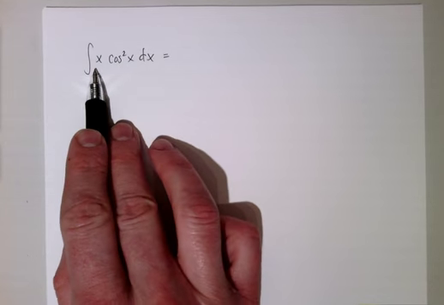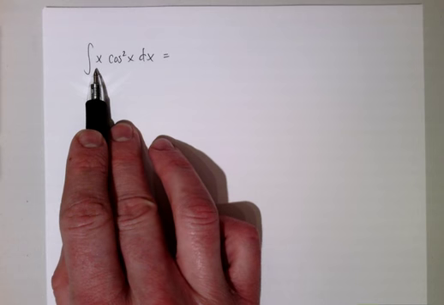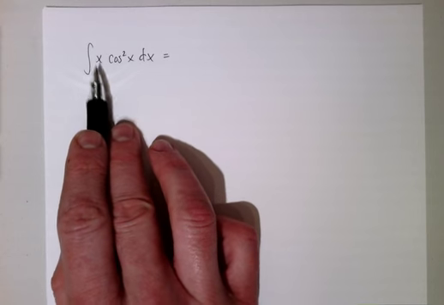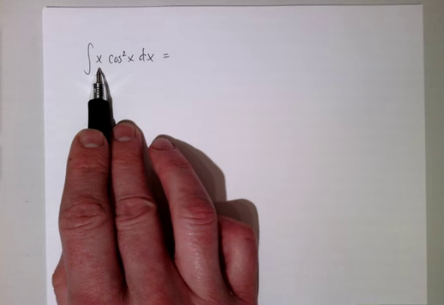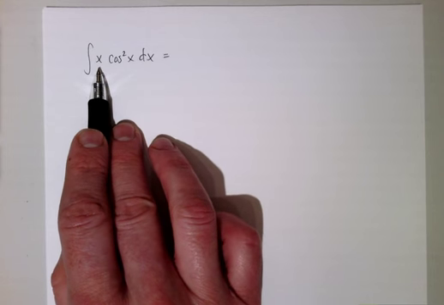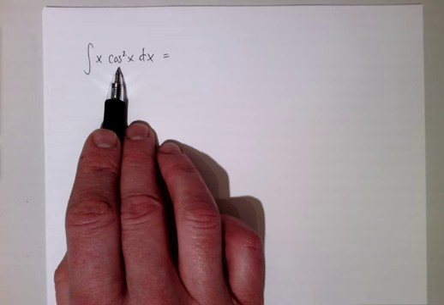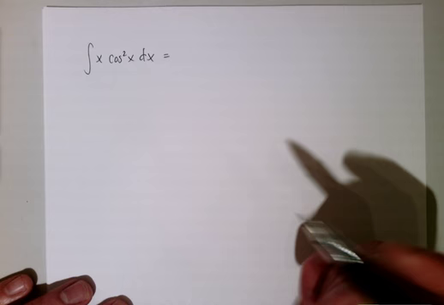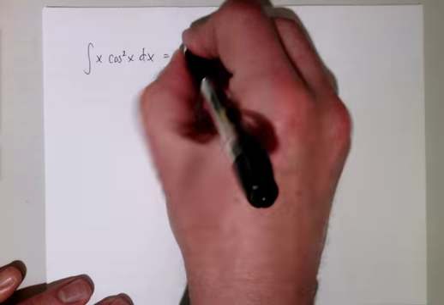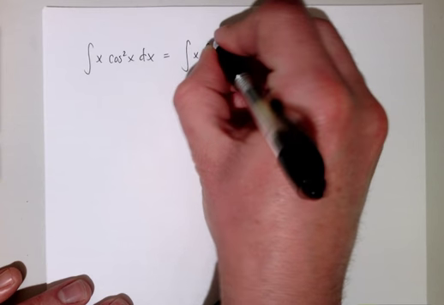That's trig, that's polynomial. But even now, I want to designate x as my u, because I want it to go away once I start doing my parts, which means that needs to be my dv. I can't do that as my dv yet, okay?